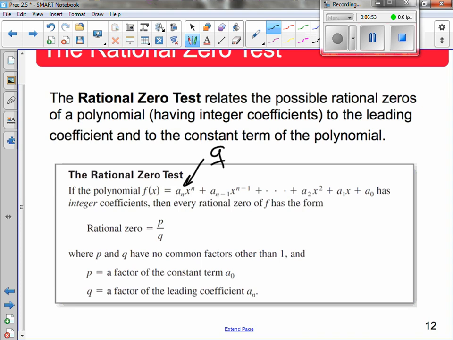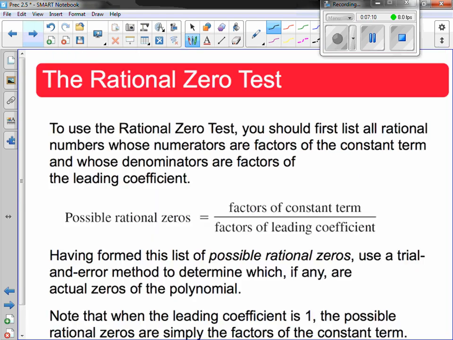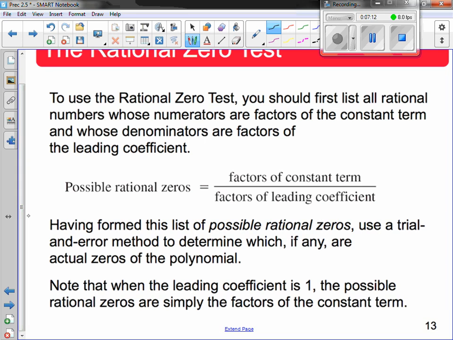A naught is our constant term, so p is the factors of the constant term. Q is the factors of the leading coefficient, the number in front of the variable with the highest exponent. Okay? Rational zero test: constant term factors over the factors of the leading coefficient.